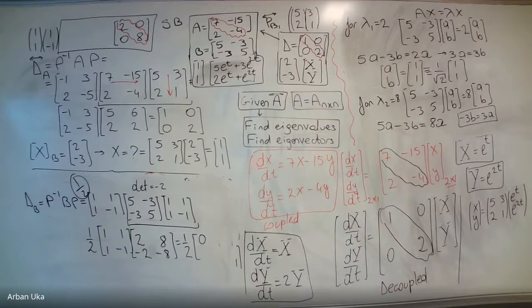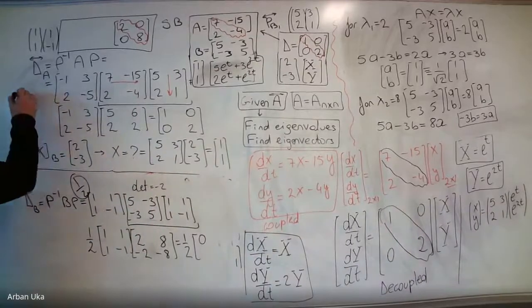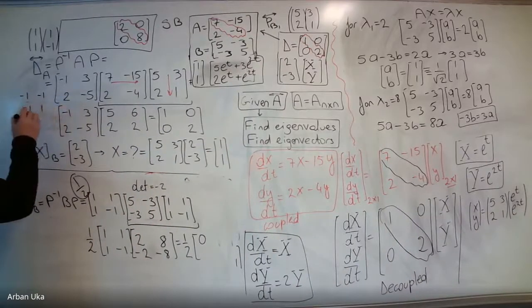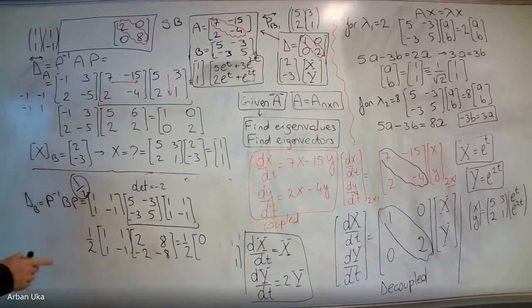5, 2, 8. Do you see where? Again, we get here 1, minus 1, and the inverse here. This is 1, 1, 1. I don't see this for a moment. Do you see where the mistake is?